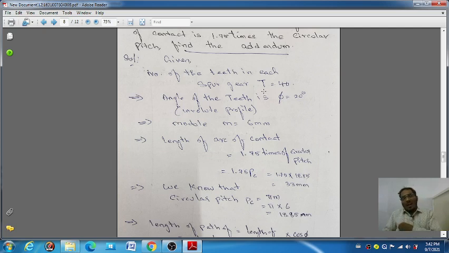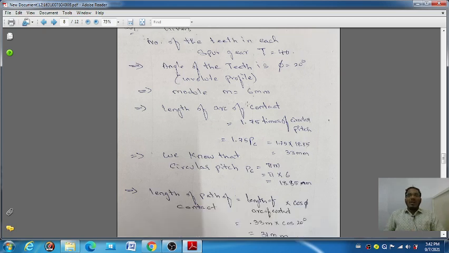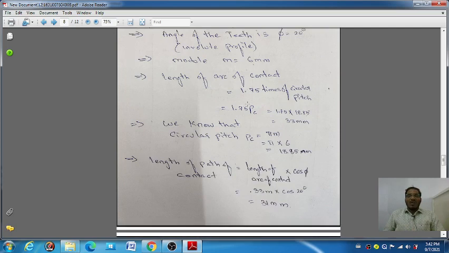We know that the circular pitch Pc is equal to pi into m. Just substitute the value of pi m, then you will get the value of circular pitch. Then we have to substitute the value of Pc in the arc of contact, 1.75 into 18.85, then we will get the value of the arc of contact.